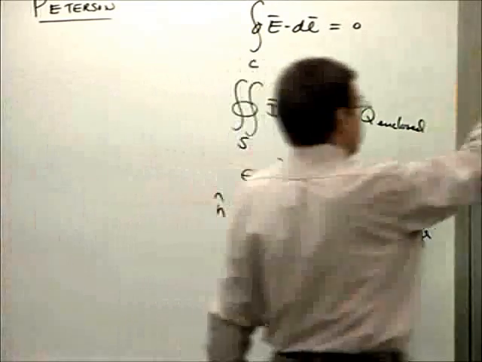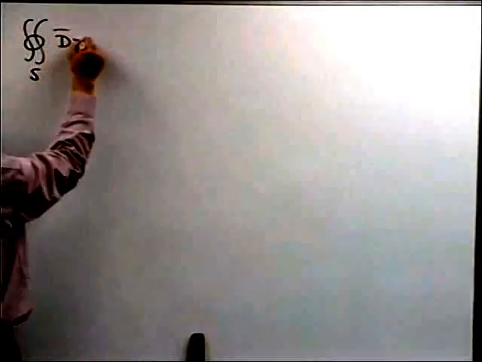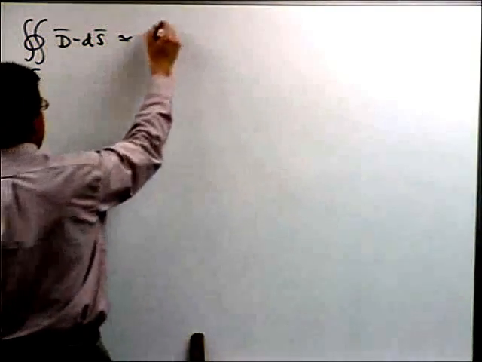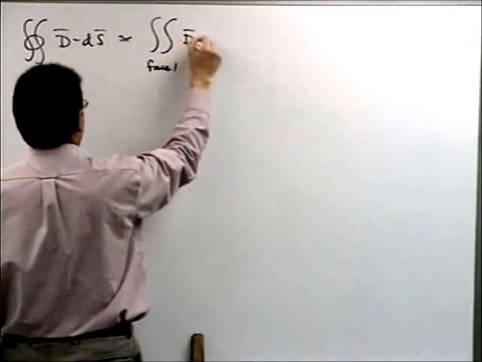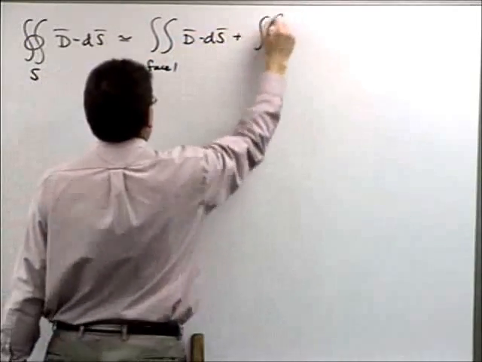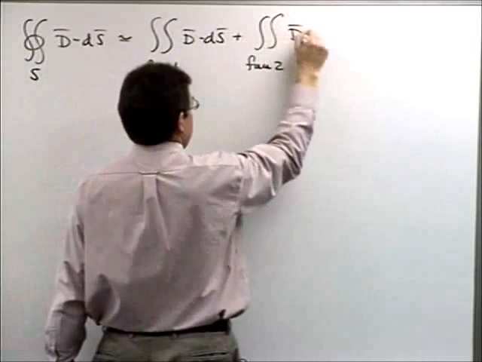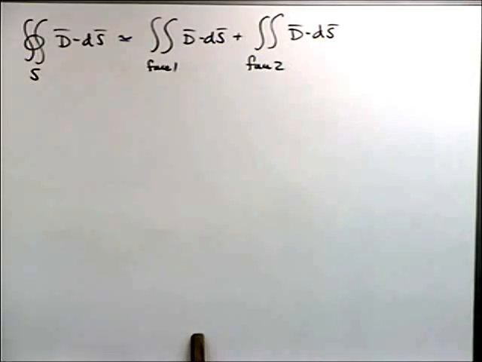So if we do that, then this integral over the closed surface of D dot dS is basically going to collapse down to the integral over the face that's sitting on the region 1 side, call that face 1, plus the face that's sitting on the region 2 side, face 2, of D dot dS.